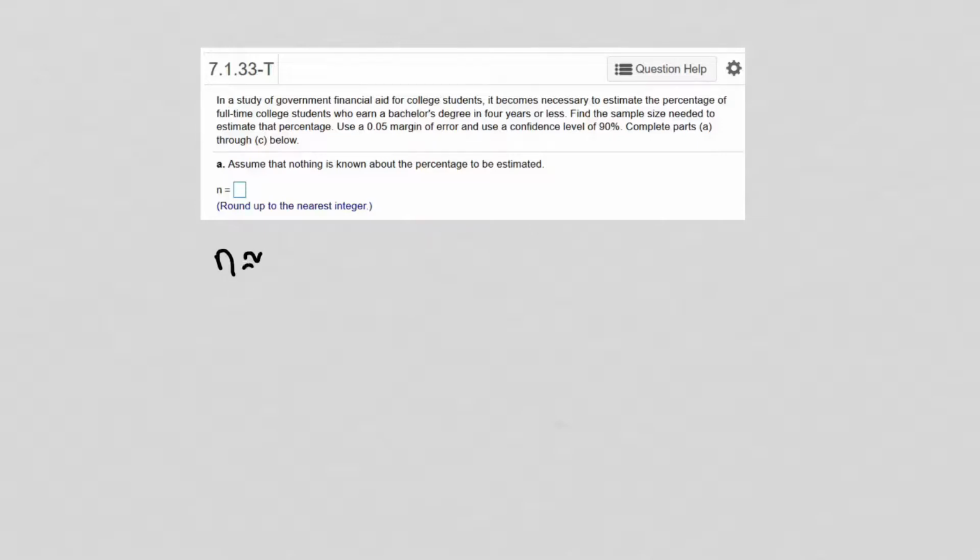Our formula is n is approximately equal to 0.25 times z sub alpha over 2 divided by that margin of error, and we square this. They use a slightly different format for this formula in the book, and it's much more complicated to calculate, so this is what we're going to use.